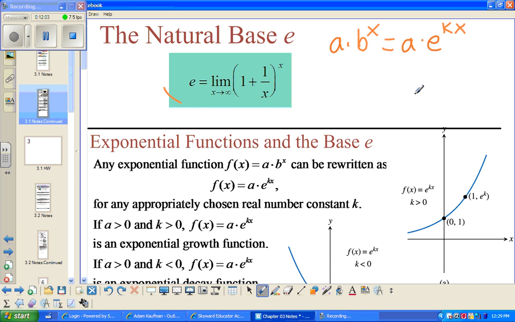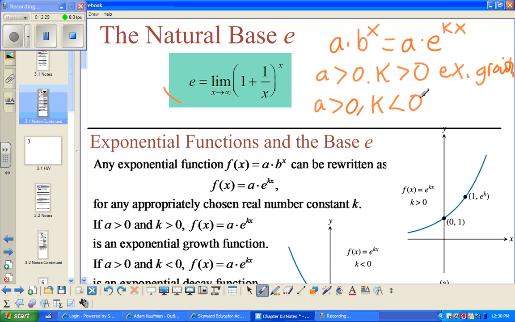Furthermore, if a is greater than 0 and k is greater than 0, this function is an exponential growth function, like we just previously talked about. And if a is greater than 0 and k is less than 0, it's an exponential decay function.